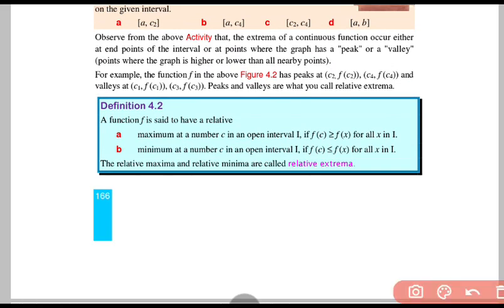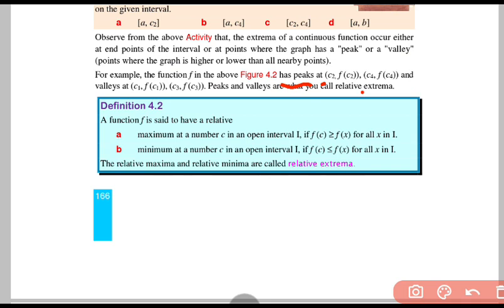Where we are is here. Peak value is a point where the graph is higher than nearby points. For example, in the above figure 4.2, it has a peak at C2, that is f of C2, and at C4, f of C4.